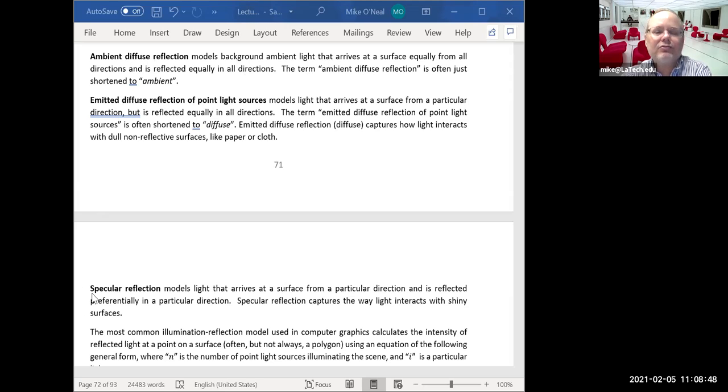And the last thing, we're going to be introducing this one today, talking about it in detail, is specular reflection. That's light that arrives at the surface from a particular direction and is reflected preferentially in a particular direction. So the specular reflection is what gives objects their shininess. That causes objects to have highlights on them. That's the specular reflection.